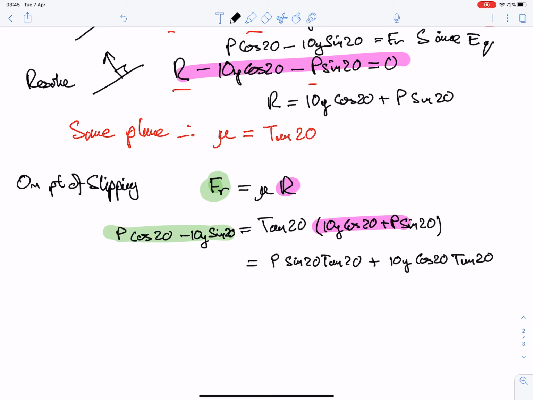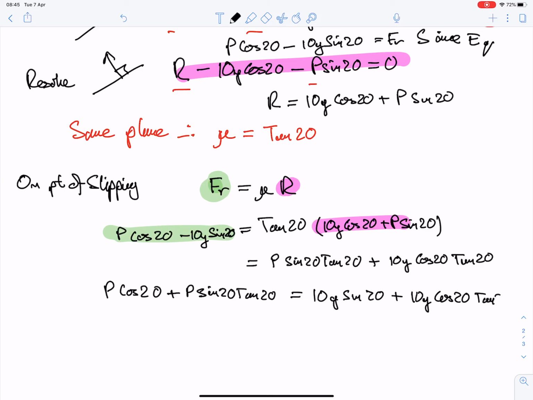Collect the terms of P in, so we get P cos 20 plus P sine 20 tan 20 is equal to 10g sine of 20 plus 10g cos of 20 tan of 20.